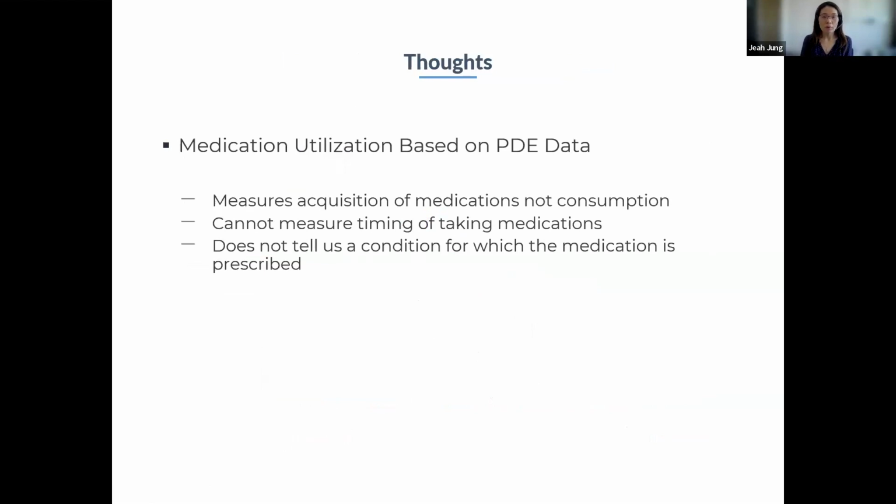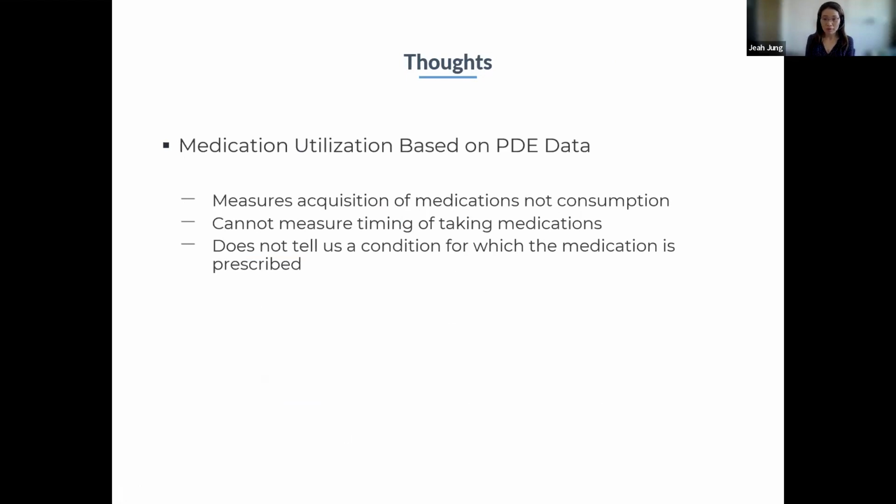Right. So a couple of final thoughts here. You can measure a variety of medication utilization measures based on PDE data, but what you should remember is this is acquisition of a medication, not consumption. This is an inherent limitation of administrative data.